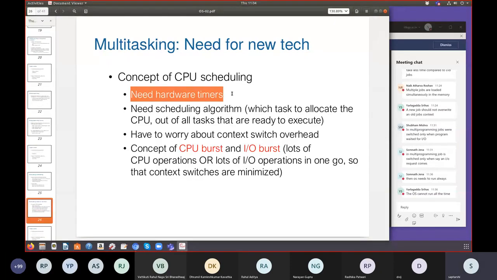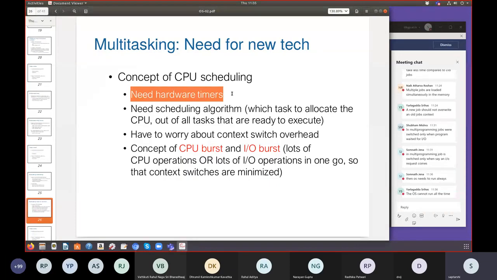Okay. So again, this is a very critical point. So I'm repeating several times maybe. Job A is running. It has run for its time quantum. Then the timer is keeping track of time. There will be some mechanism by which the timer informs that this time quantum is over.